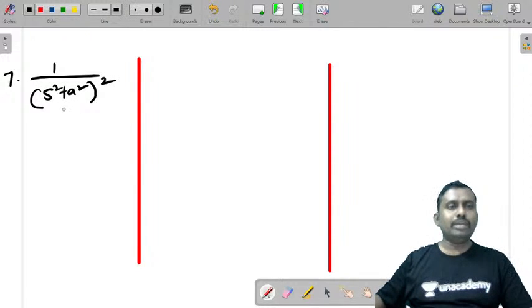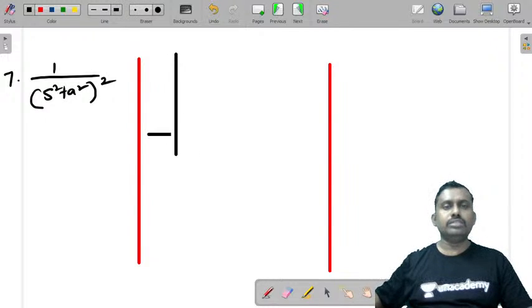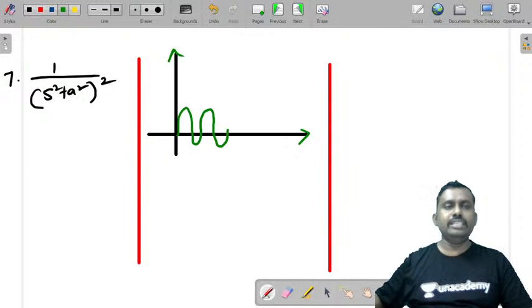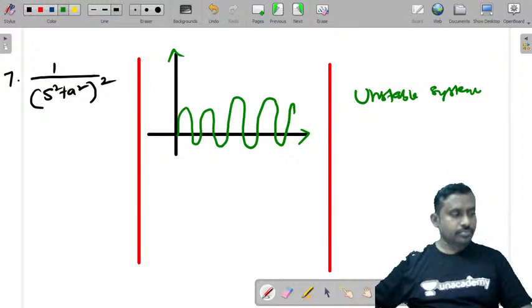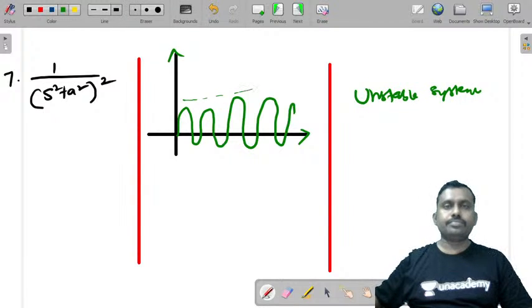Now if you take 1 by s square plus a square whole square, and take its Laplace inverse, you'll get a function which has a response of increased oscillations, and this is also an unstable system.